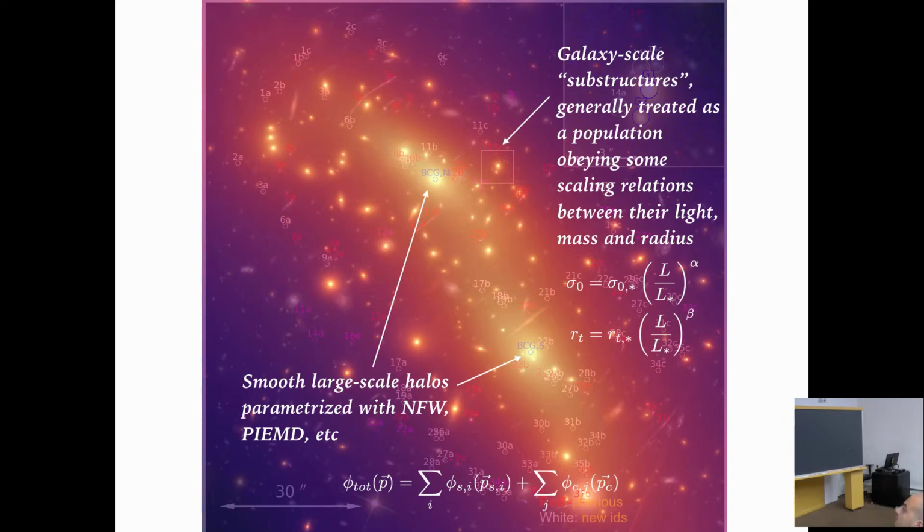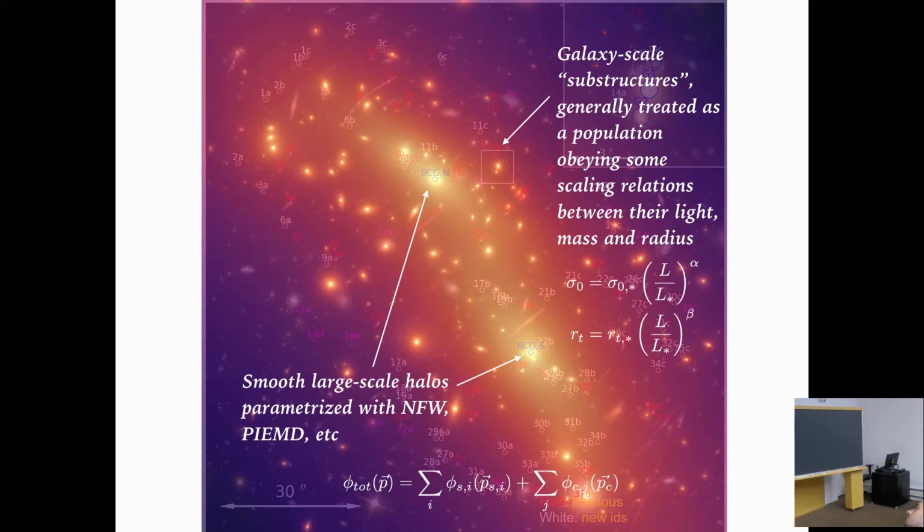Of course, this kind of process can involve a very large number of parameters, so we usually use tricks in order to limit the number of parameters. One trick that we used, for example, to include the population of the cluster galaxies into the model is to treat them using some scaling relations.